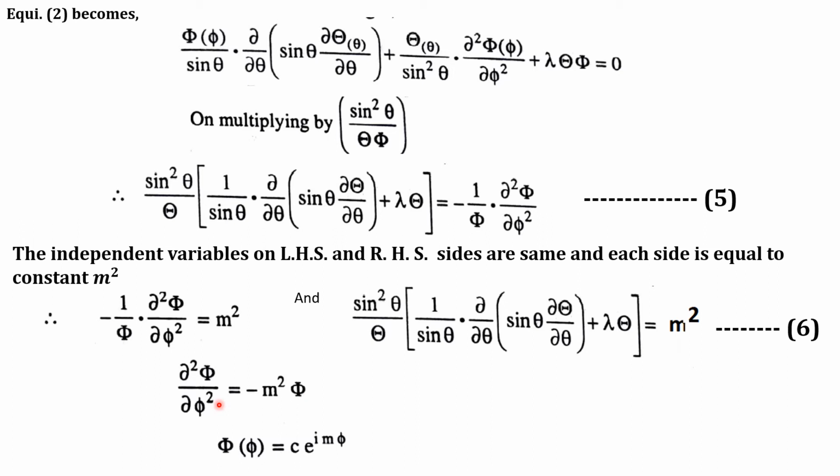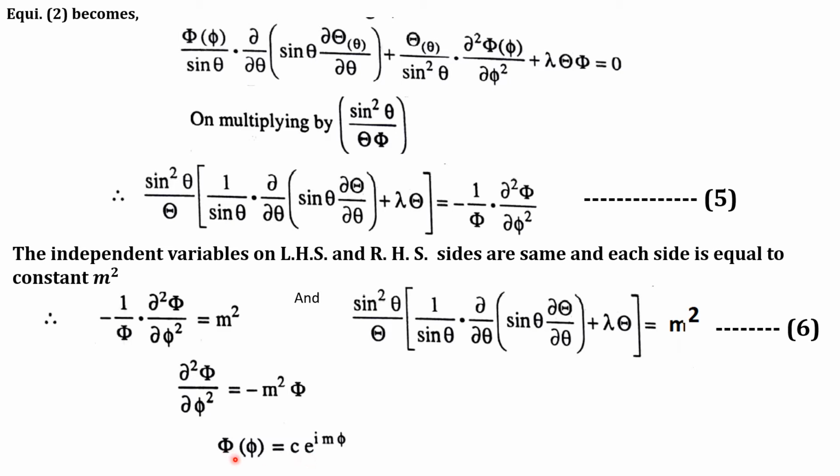This is the second order differential equation. Solve the equation and we get the solution phi of phi equal to c into e raised to i m phi. Here c is the constant of integration. That c we find by using the normalization condition, and once we get the value of c we put it here.